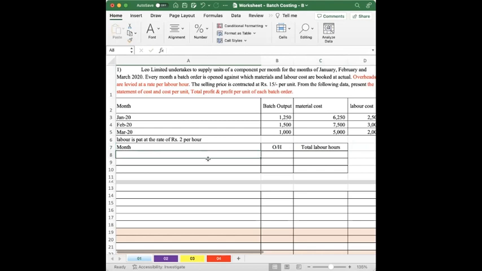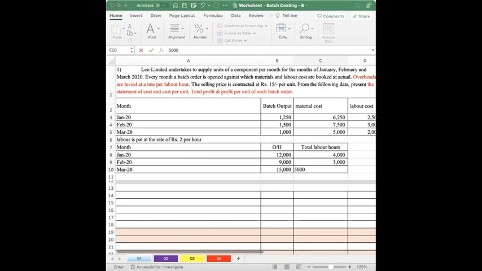Therefore, including these labor hours here is important. So let's include this January, March. Overheads will be 12,000, 9,000, 15,000. Total labor hours, 4,000, 3,000, 5,000. So according to the question, what are you supposed to prepare now?